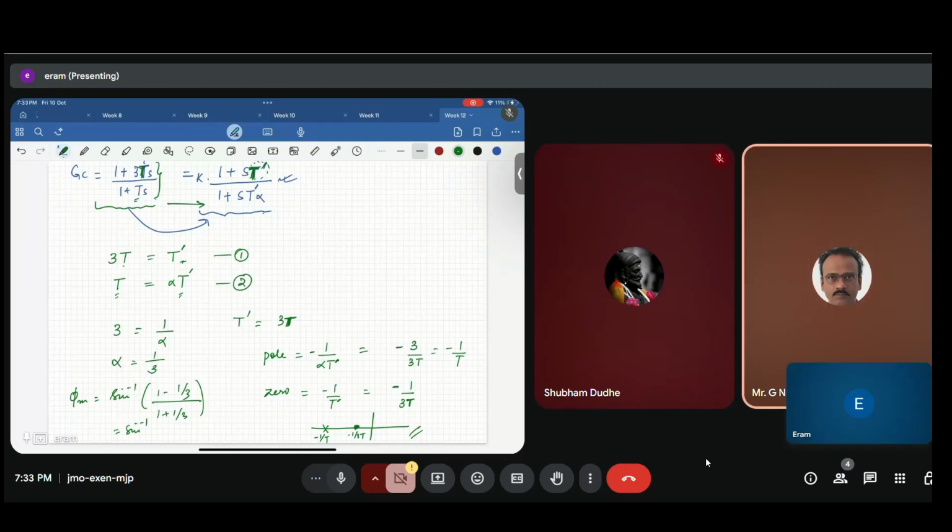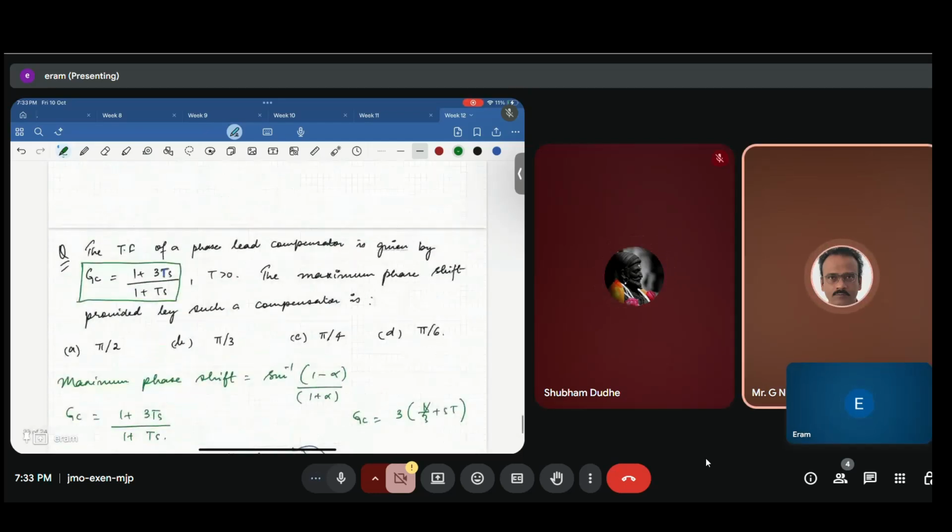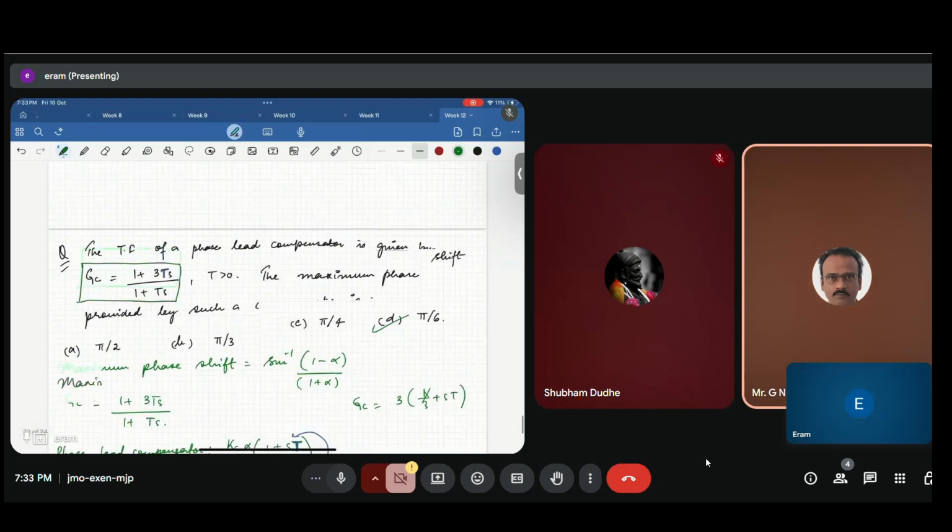This will be 2 by 4, that means sine inverse of 1 by 2, that is 30 degrees, or pi by 6.